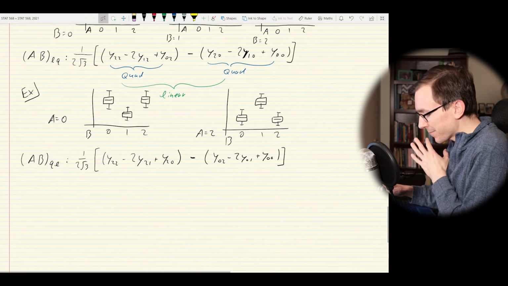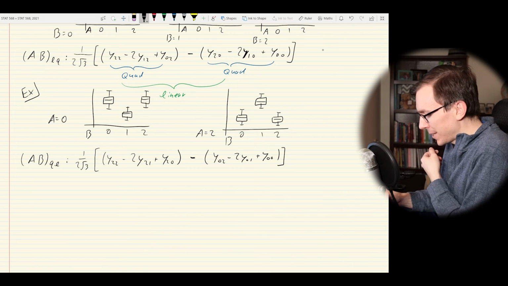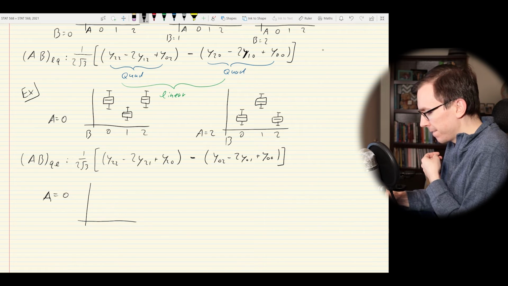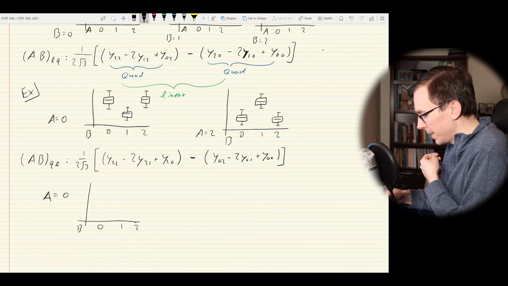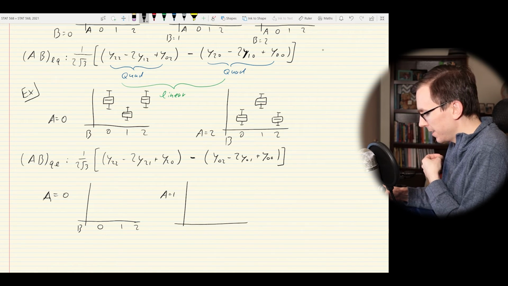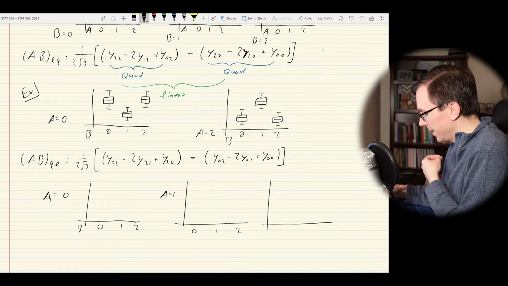All right. So another way we could think about it in this case is that we could have three settings, A0, B at 0, 1, 2. We can have A1 at 0, 1, and 2.